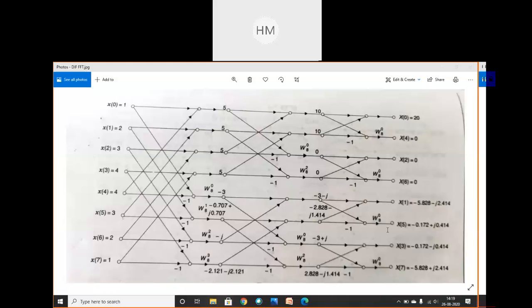So start simplifying. Got the question? Yes, 2 to the power n. So what is the first step in this question?